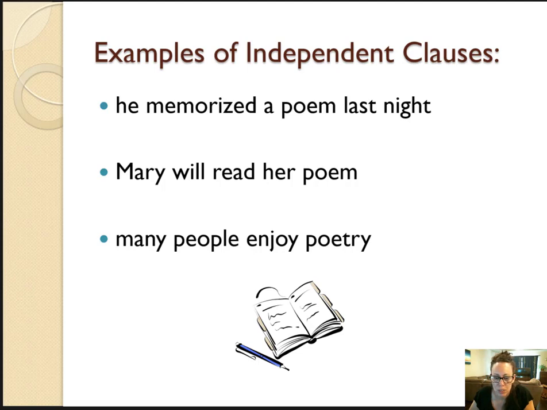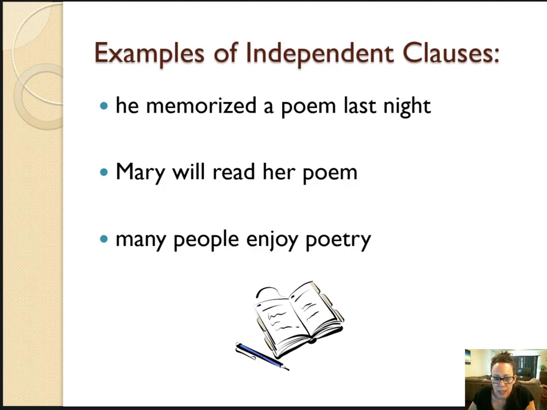That just means it's a verb phrase, but it's still a verb. And then it also has an object. So in this case, read can be intransitive or transitive. You can use it either way. But in this case, her poem is the object of what Mary read. So that is included in this clause.